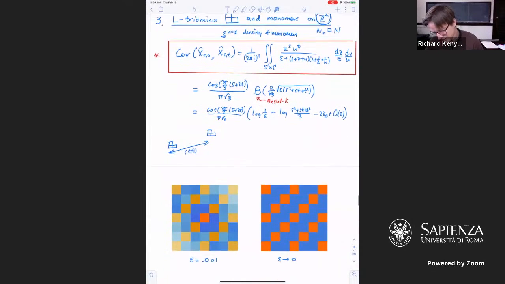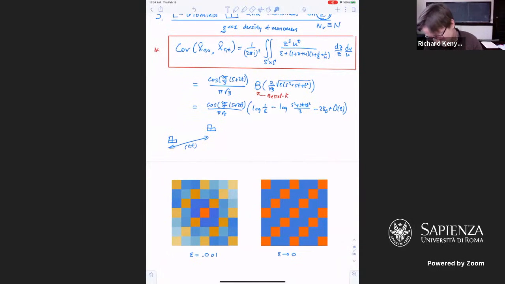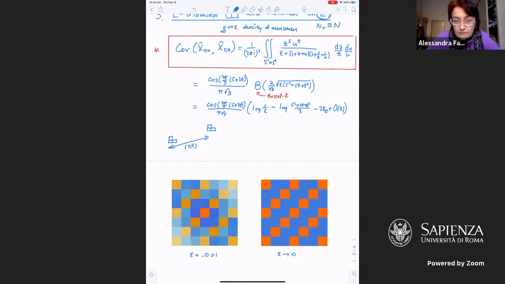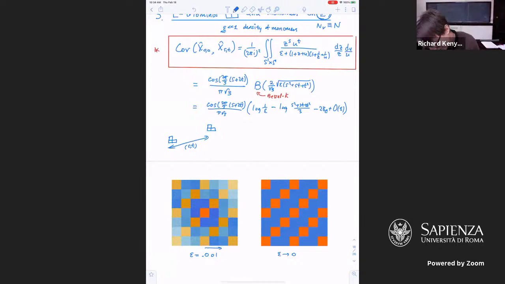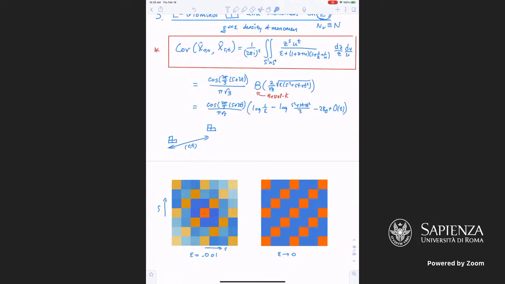And I think I have a picture here. Yeah, here's a picture of this. Here's s, t, and the tile at the origin is fixed, and then I'm plotting the covariance here. This is when epsilon is 0.001. Orange means large value, and blue means large negative value.